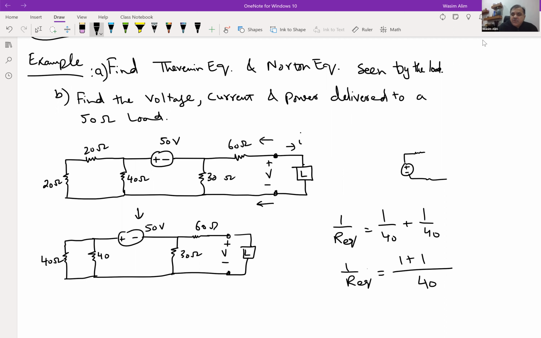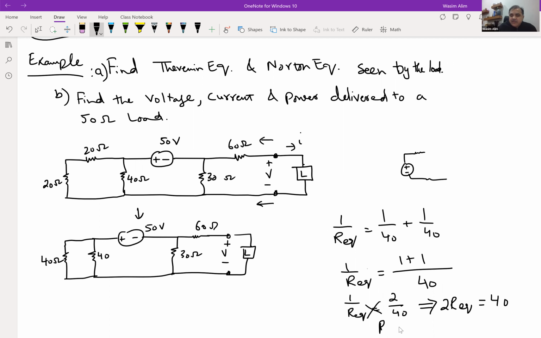Okay, so now this is equal to 1 over R equivalent is 2 over 40. I do the cross multiplication. I get 2 R equivalent is equal to 40.